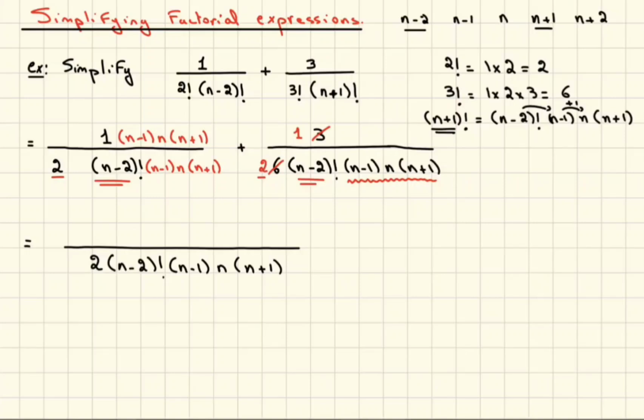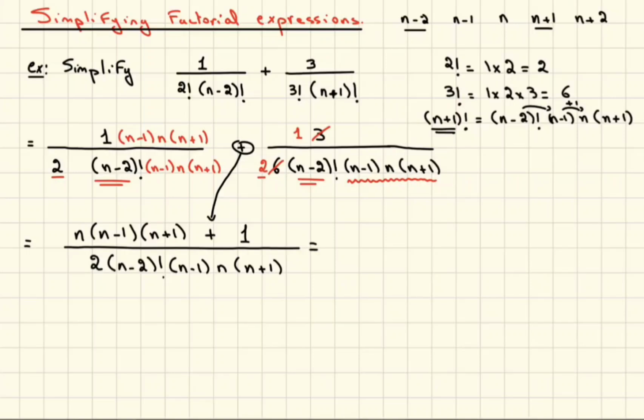I'm going to rewrite it in order because multiplication is commutative, so if we swap the numbers nothing will change. So I will write n multiplied by n minus 1 multiplied by n plus 1. This addition goes here, so plus, and we have the numerator there, which is 1.